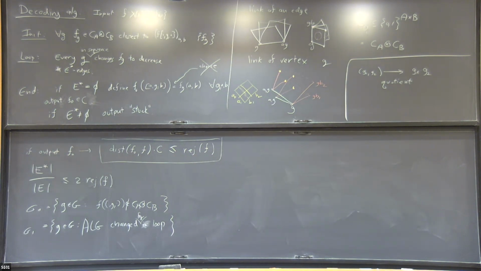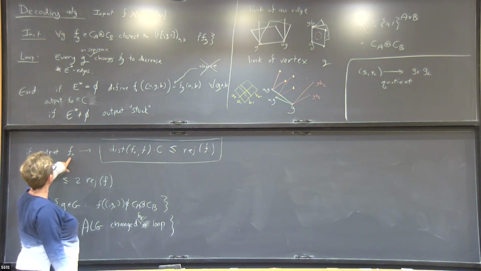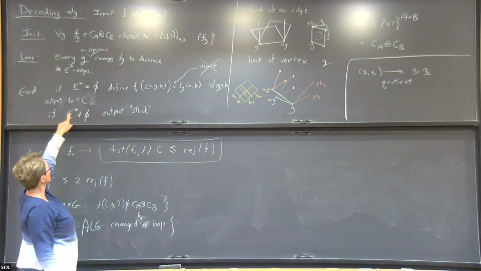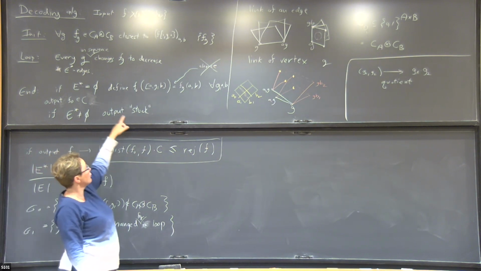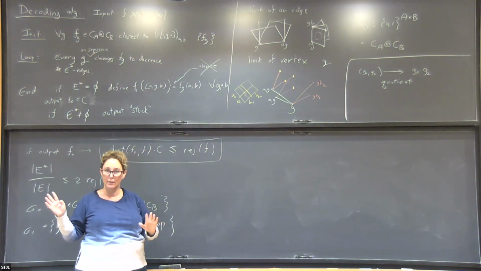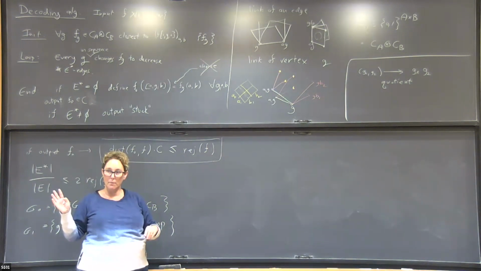Is it clear that the F naught that you got is in the code? Yes, it is clear, because I only output F naught in this algorithm when E star was 0. When E star was 0, it means that I have a collection of local views that are all agreeing with each other. They also are required to be on the tensor code.